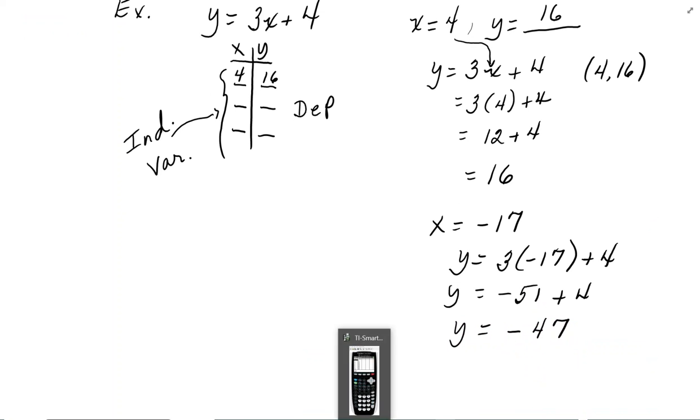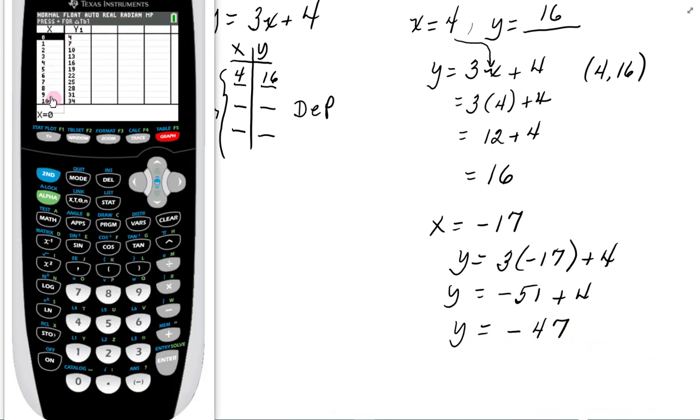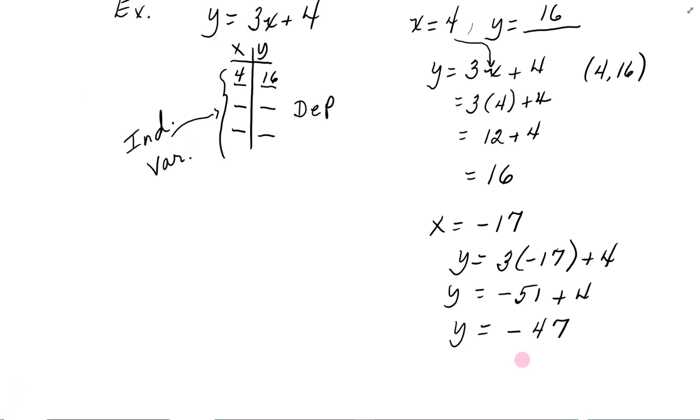Now, if I were doing that with my calculator, I don't see that, and I would have to scroll for quite a while to get to negative 17, and I don't want to have to do that. There it is. I hit that too many times. Way down here at negative 17, you see the y value is negative 47, and that's what I got when I worked it out by hand.